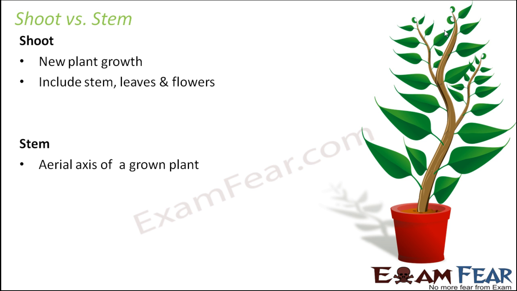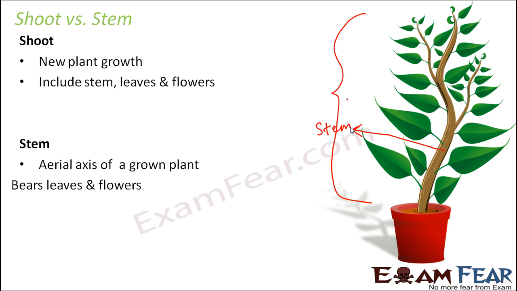Let's say in this plant we talk about shoot, that shoot would include the stem as well as these leaves. The overall package would be the shoot. But when you talk about stem, then this erect axis is nothing but the stem. It bears leaves and flowers.